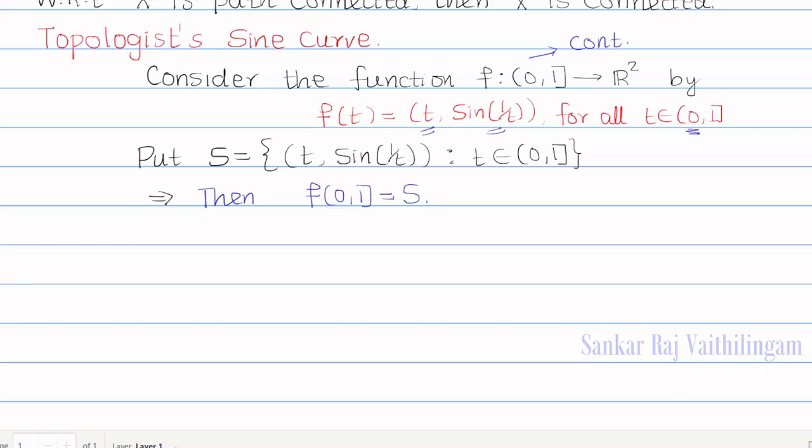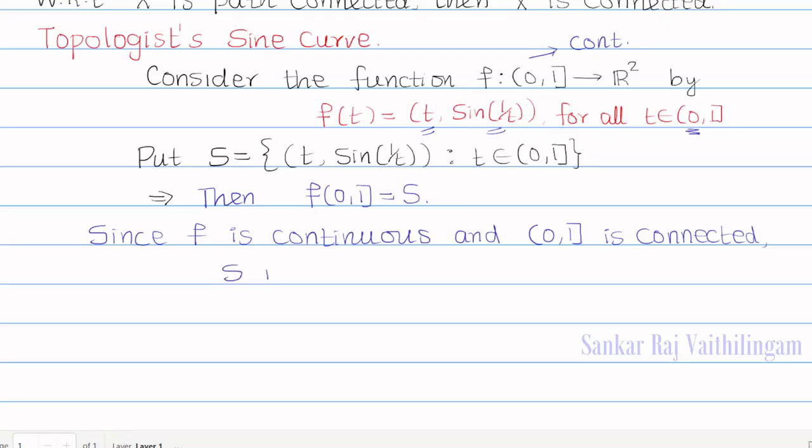Okay, since f is continuous, and this interval (0,1] is connected, this implies that S is connected.